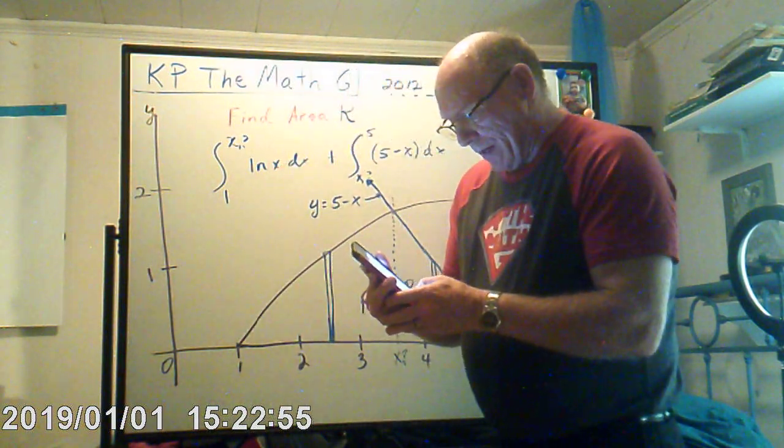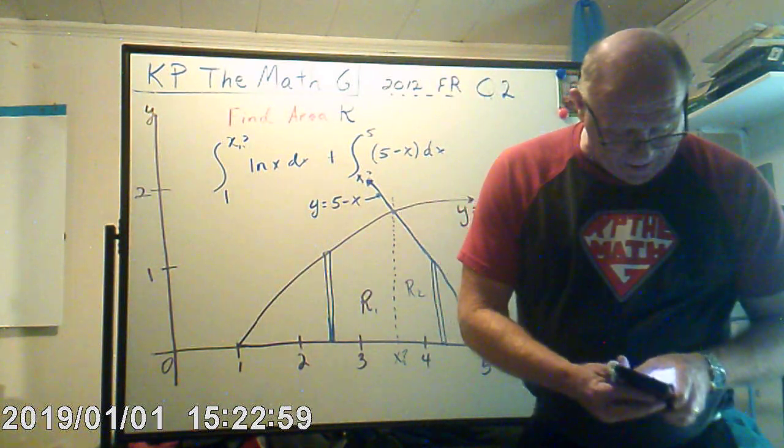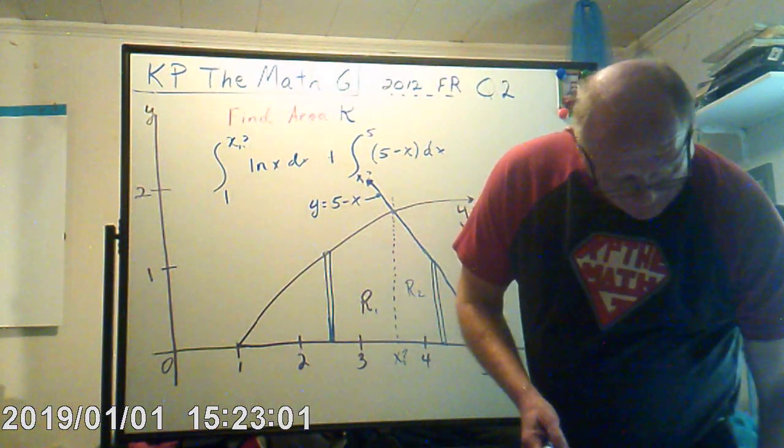So you want to intersect, and when I hit the word intersect, my numbers come straight up from there.